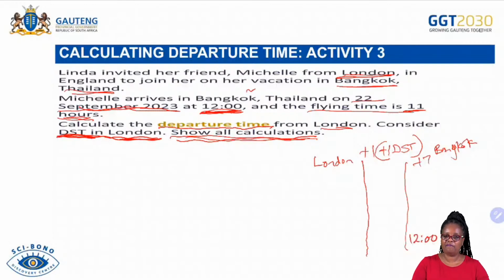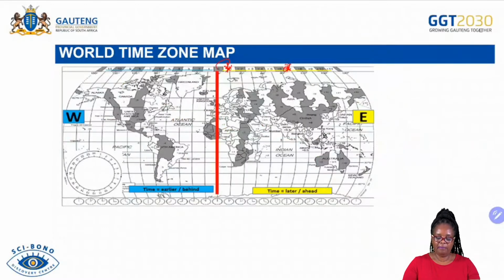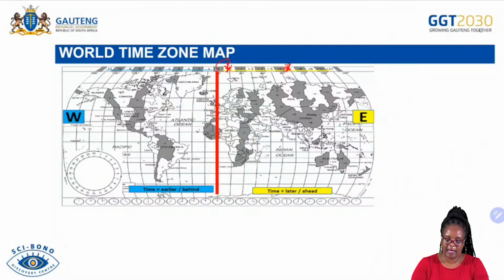After writing the given time, what do we need to do? We need to find the time difference between these 2 places. How many hours do they differ by? Let's go to our map. We are from +1, which is London, DST time. Then we say 0.